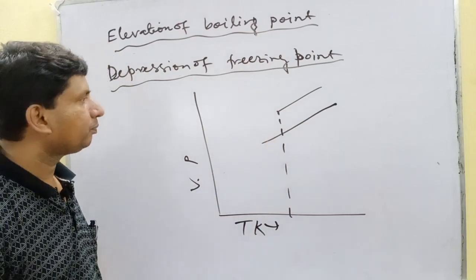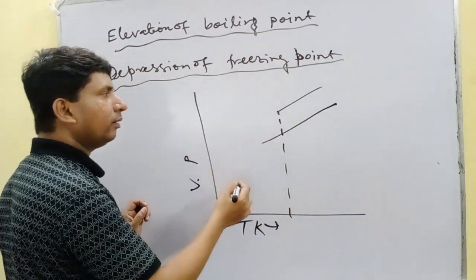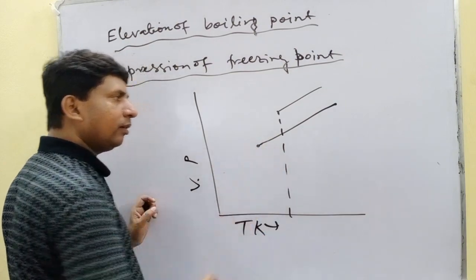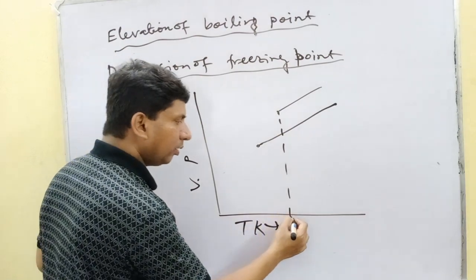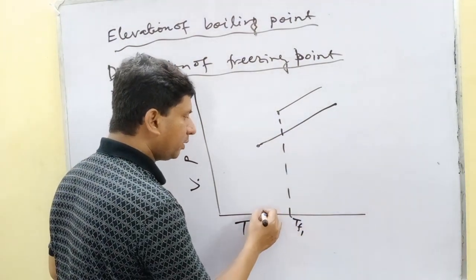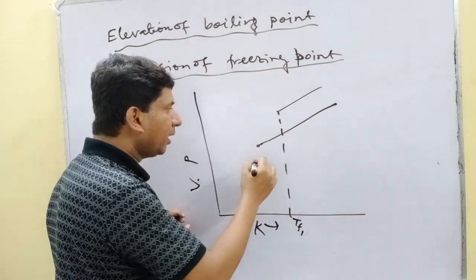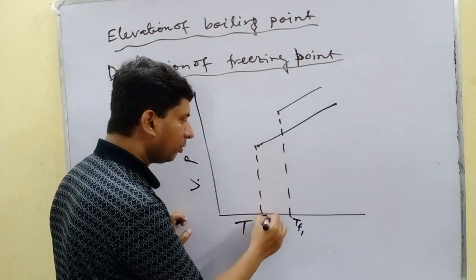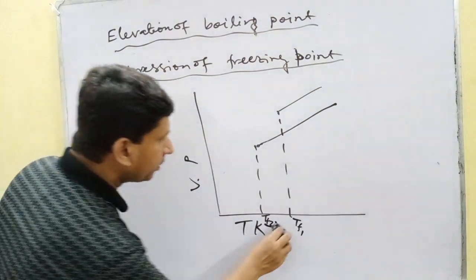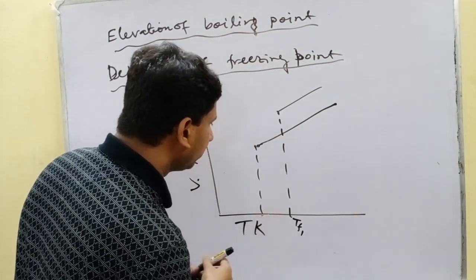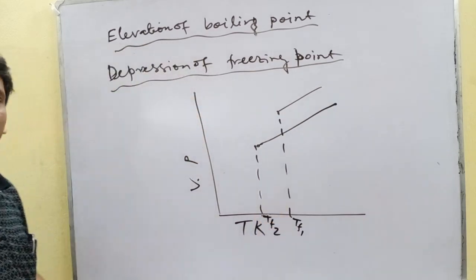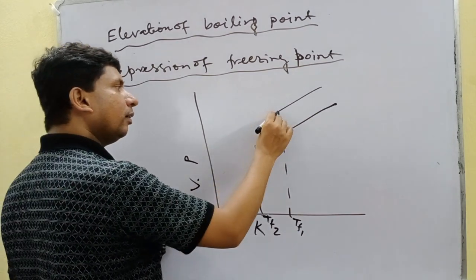And again, at temperature TF1, and this is TF2, then what happened?